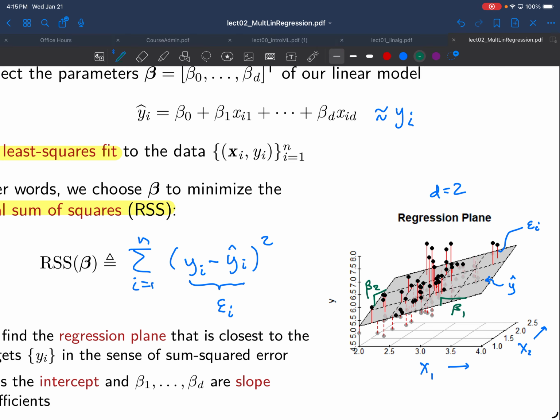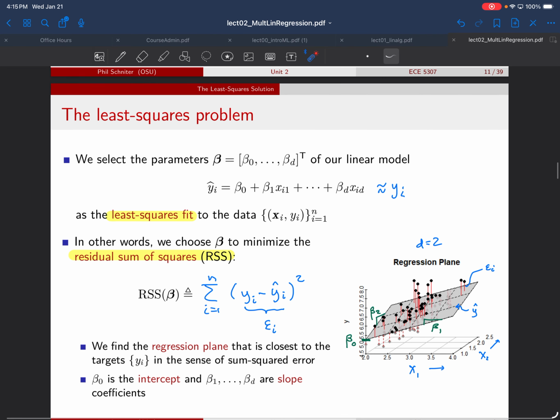And if you looked at the intercept, which is when the x values are both 0, that would be controlled by beta 0. So beta 0 raises and lowers this entire plane. Beta 1 tilts it in this direction, and then beta 2 tilts it in that direction.